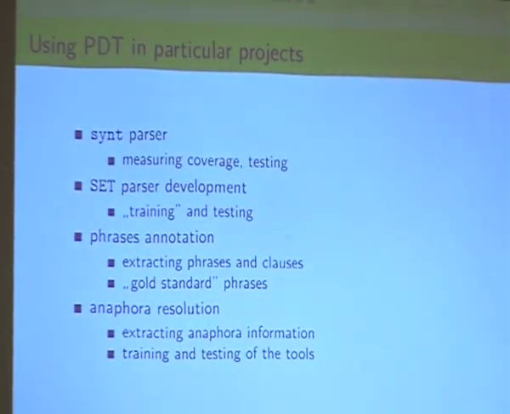For phrases annotation, we tried to extract phrases and clauses from the data, from the dependency trees, and tried to get some gold standard phrases. We encounter some problems that will be discussed later.